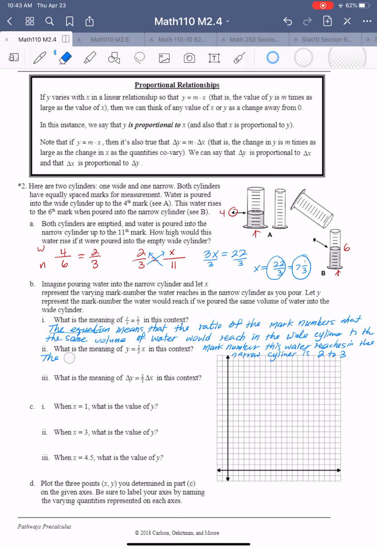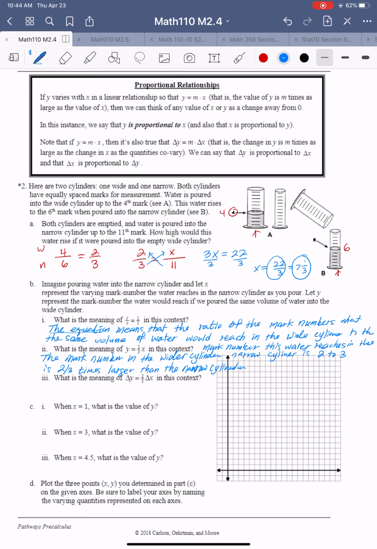So the mark number in the wider cylinder is 2/3 of the mark number in the narrow cylinder. That's what it is, okay?